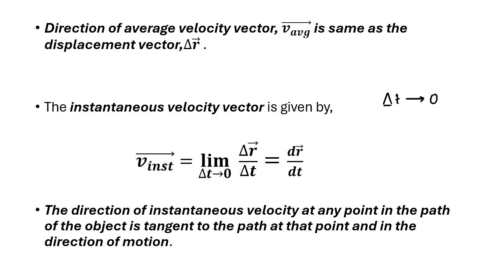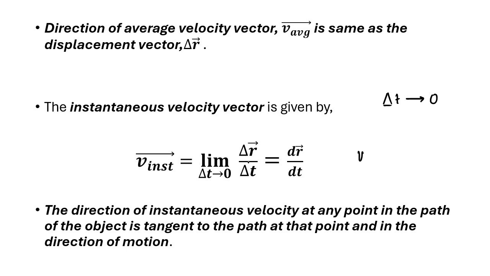Here the instantaneous velocity vector will simply be the limit, with delta t approaching 0, of the average velocity delta r vector by delta t, which gives us the derivative dr vector by dt, the derivative of the displacement vector with respect to time.